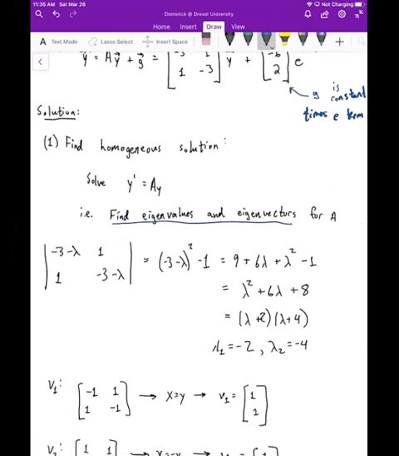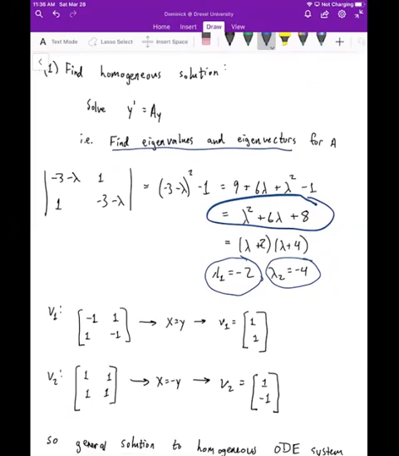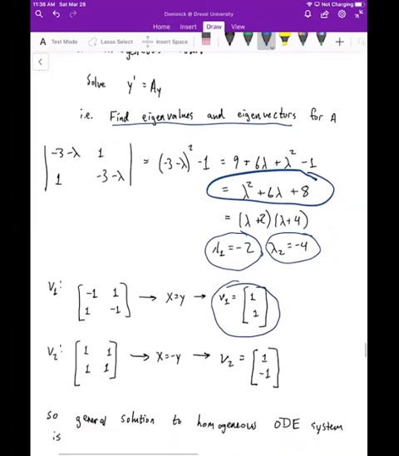Then we get lambda squared plus 6 lambda plus 8, which of course factors nicely, and that gives us lambda 1 is -2, lambda 2 is -4. If we find the corresponding eigenvectors, we can find fairly quickly that V1 will be 1, 1, and V2 will be 1, -1.